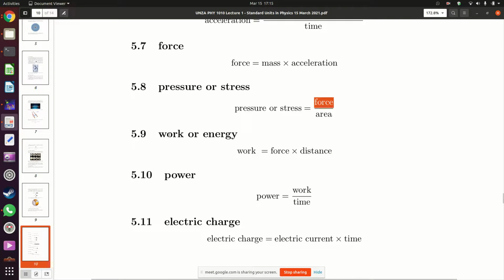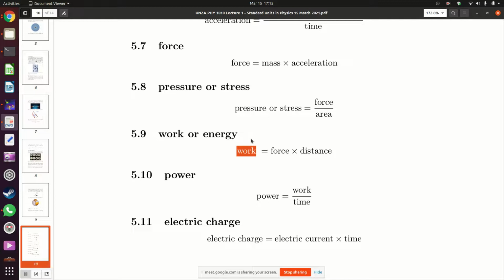Then here, there's work and energy. These two are related, as you are going to find out in your studies of physics during the course of the year. But in a short way, if you want to find out what the work is, you just multiply the force times the distance through which this force has been applied. Because if you apply a force on something, a force will cause an object to change its velocity.